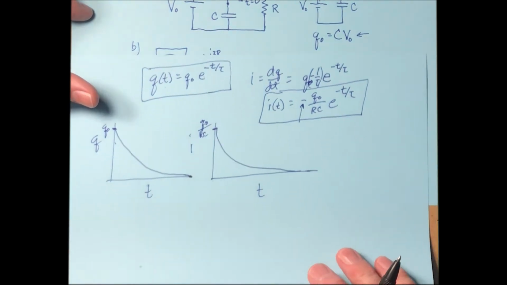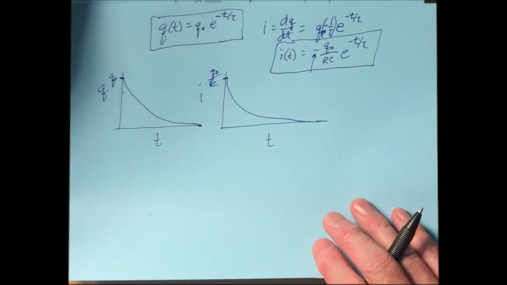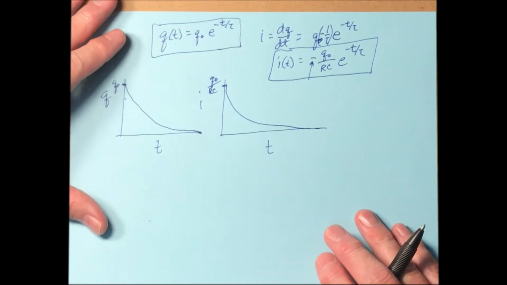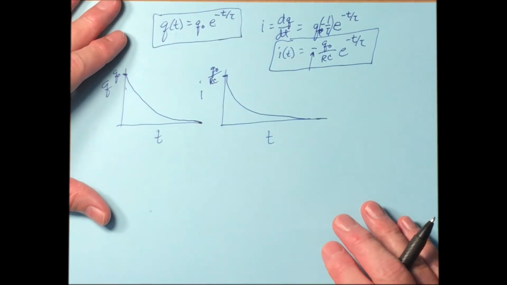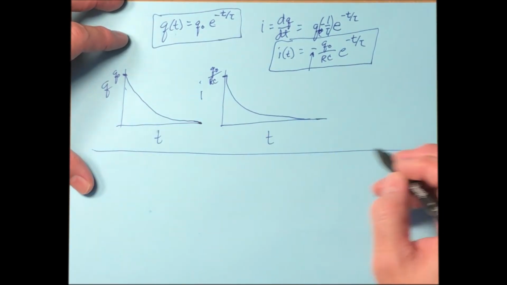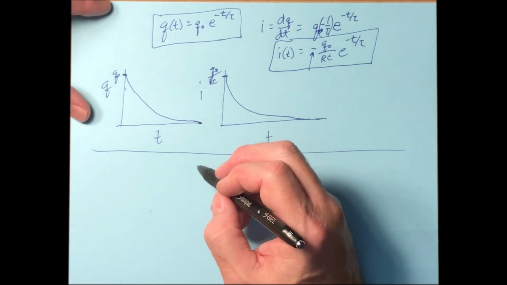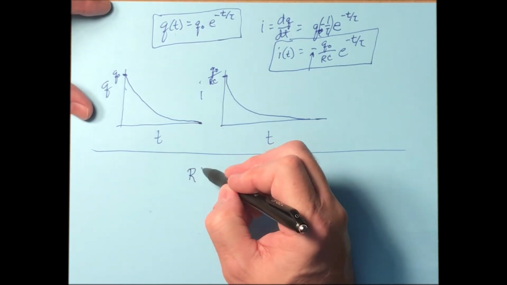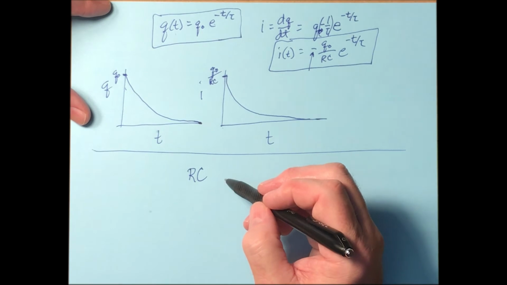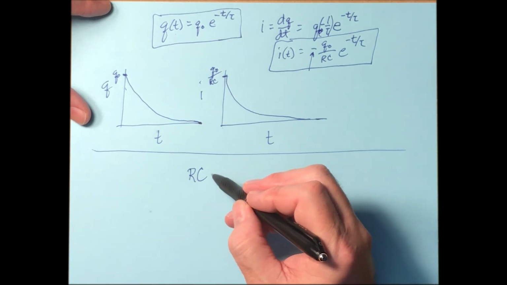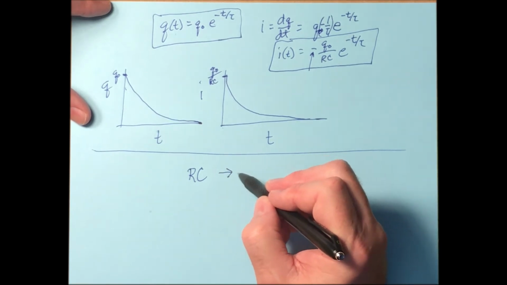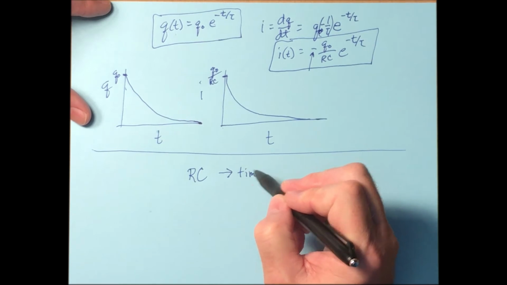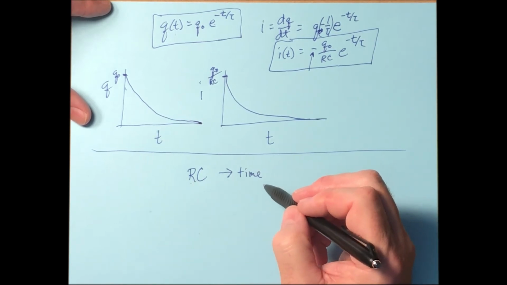Now we've called that tau. We've called it a time constant. Let's investigate that a little bit more. One of the interesting things, if you take R and C and multiply them together, the units for those turn out to be a unit of time. So R times C is actually time.